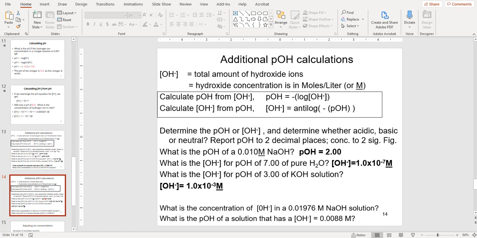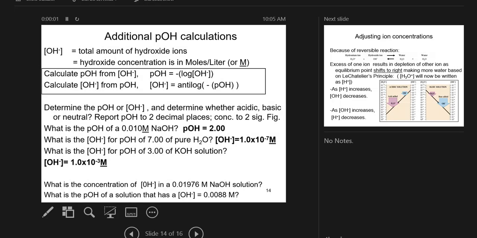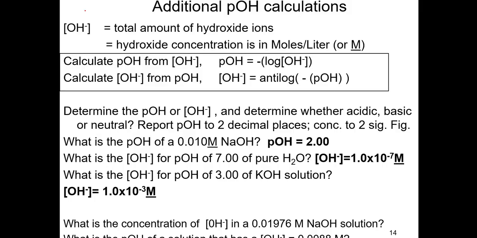We're now going to go straight to pOH. The calculations are identical. You're not really learning anything new. The health and industry standard is to look at pH, but it is possible to look at the pOH. Very easy, especially when you're adding in strong bases. So let's go through this quickly.